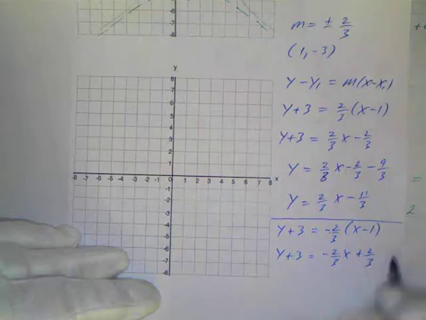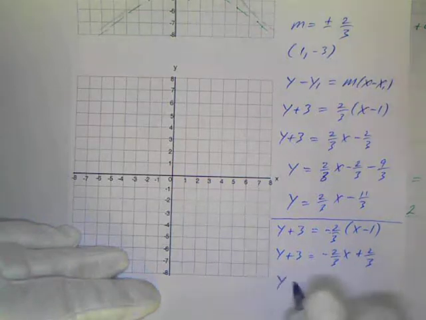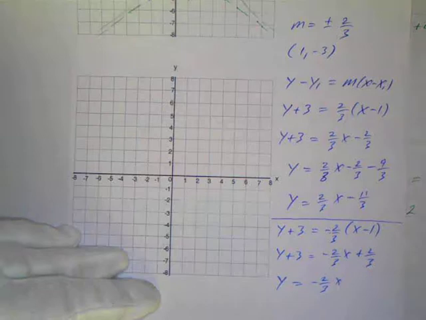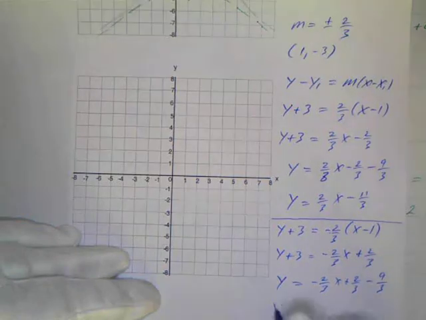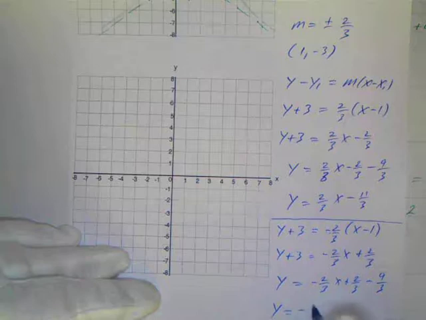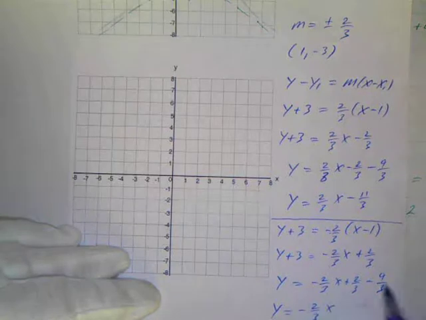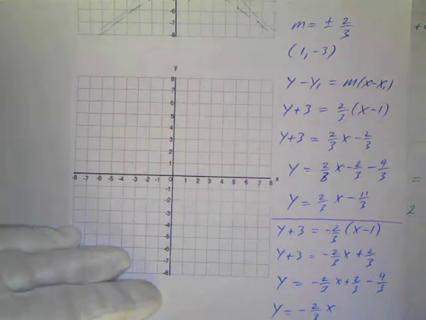And then I'm going to subtract. So it's going to be y equals negative 2/3 x. And I'm going to subtract again. So it's going to be plus 2/3 this time, minus 9/3. That's going to give me y equals negative 2/3 x minus 7/3.